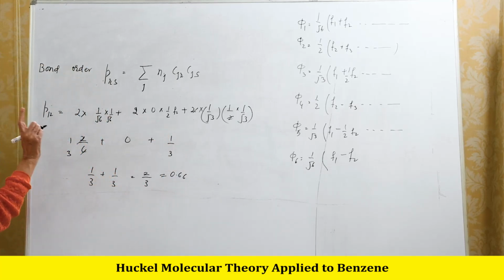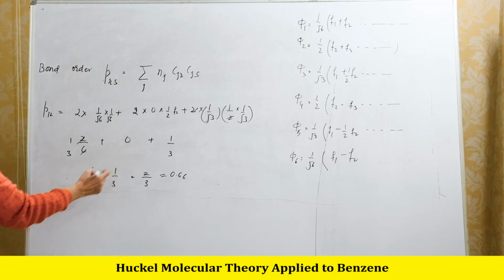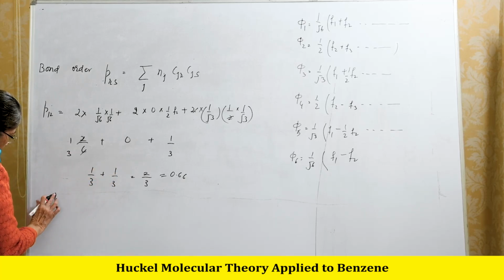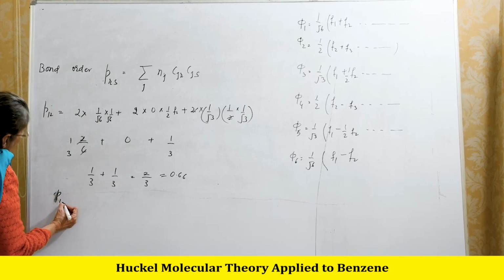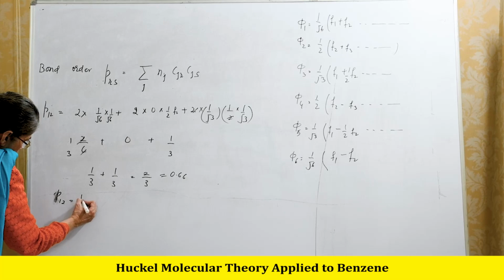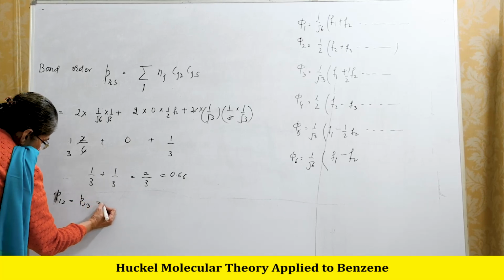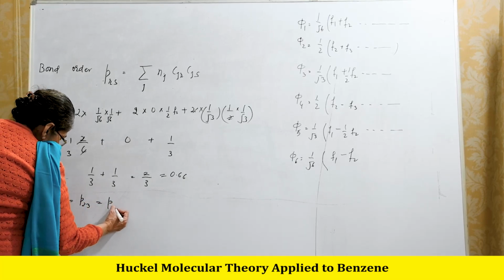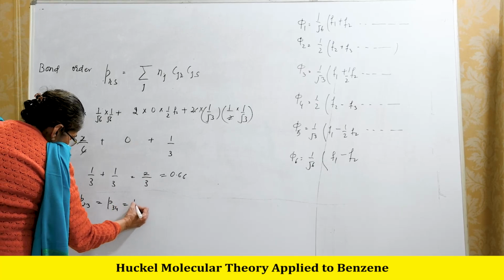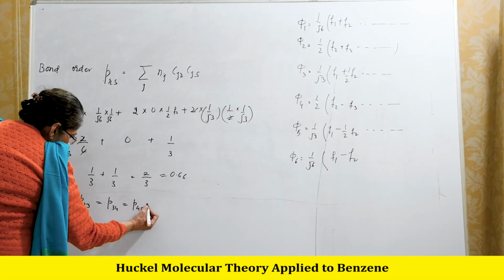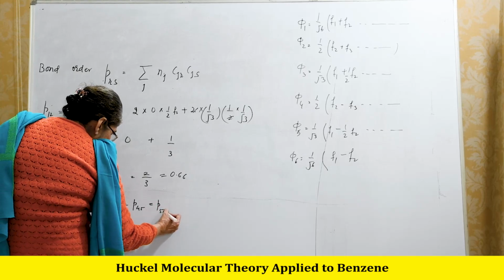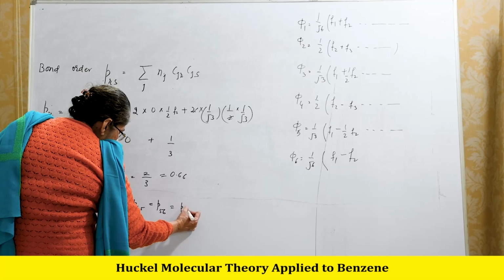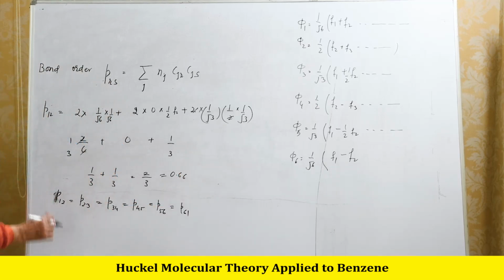That is 0.66. So you get all the bond orders as 0.66: P12 is equal to P23 is equal to P34 is equal to P45 is equal to P56 is equal to P61. All the bond orders I have calculated.